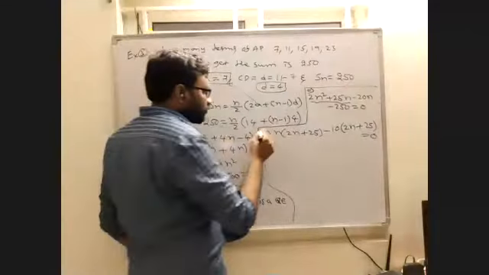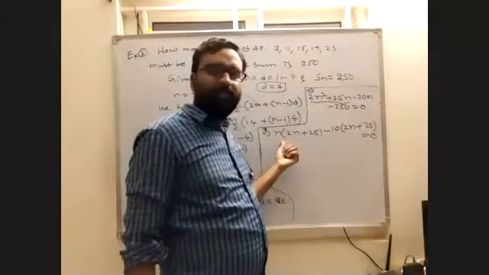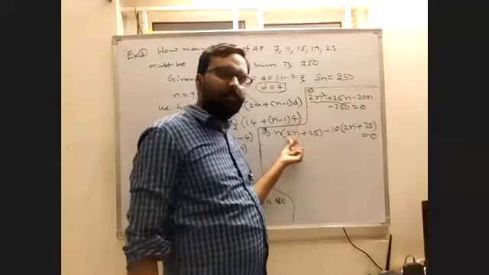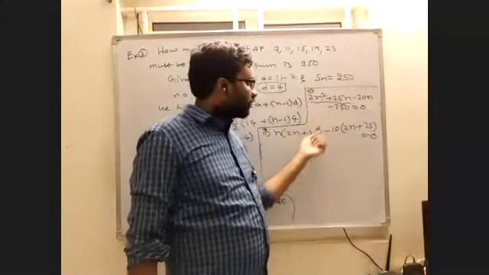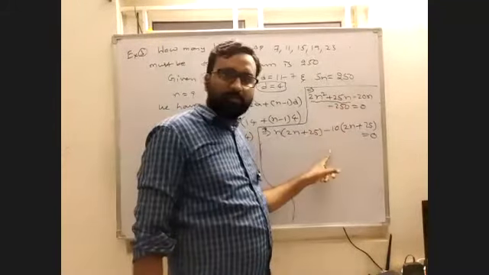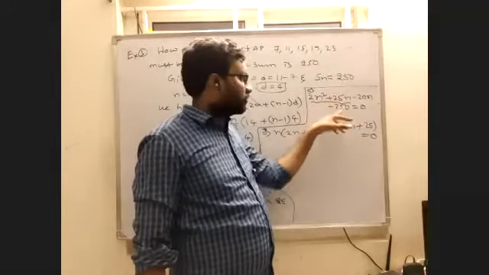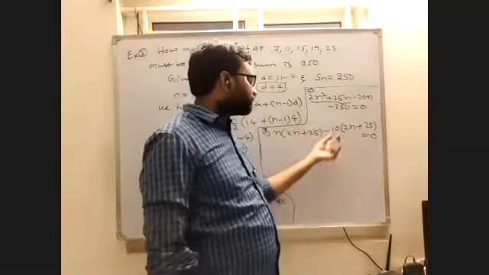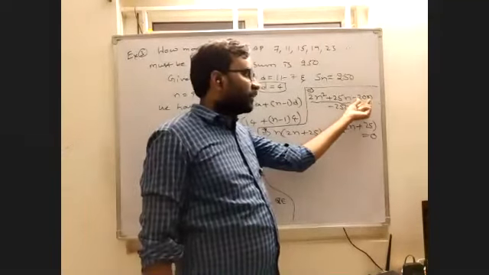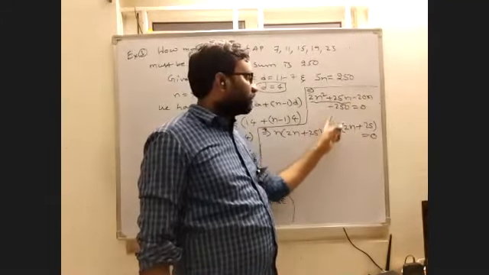Very important step, you should understand. From these two I am taking n common. Taking n common, more 2n is there, plus taking n common, 25 is there. Minus I am taking common from these two terms, and with even multiple I am taking 10 common. Taking 10 common with minus, more 2n is there, and already minus common, plus is there.